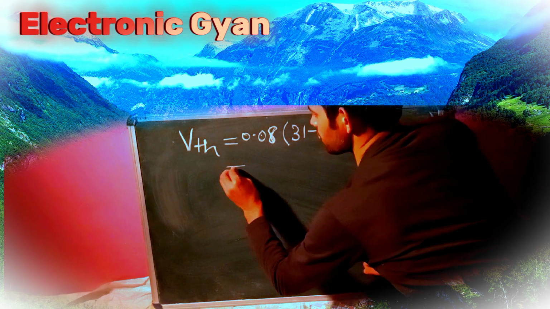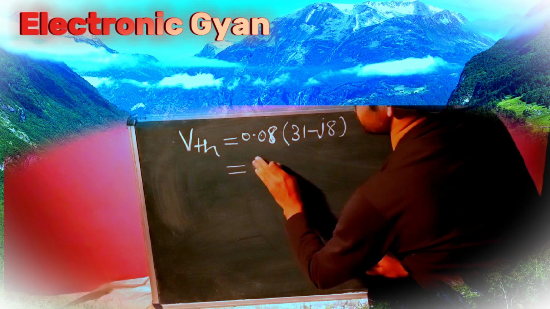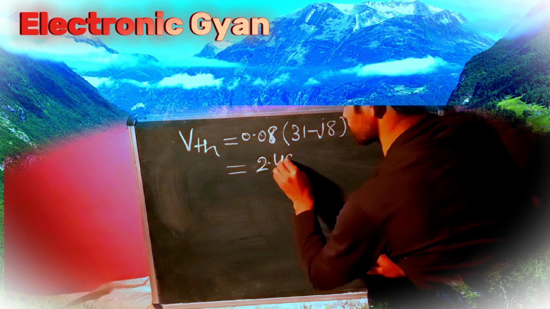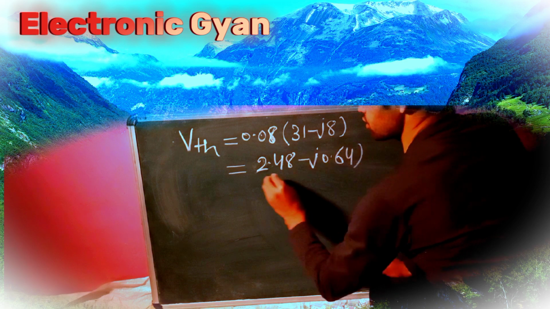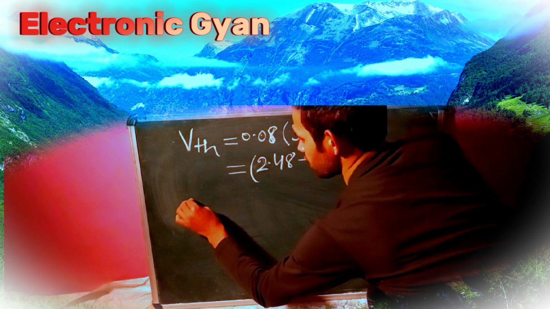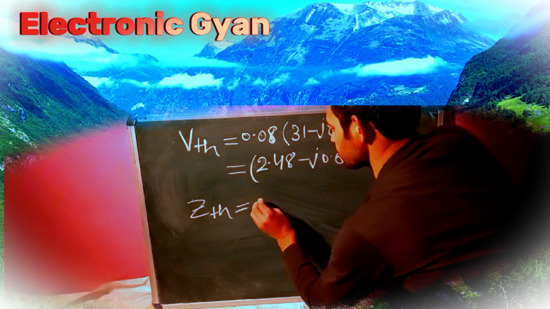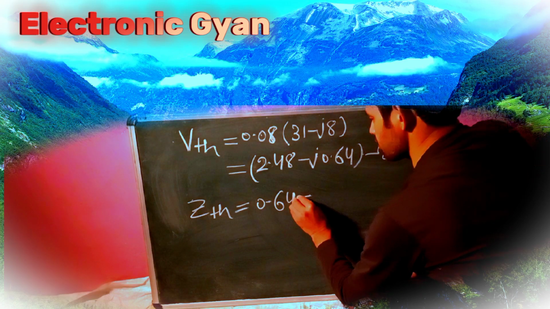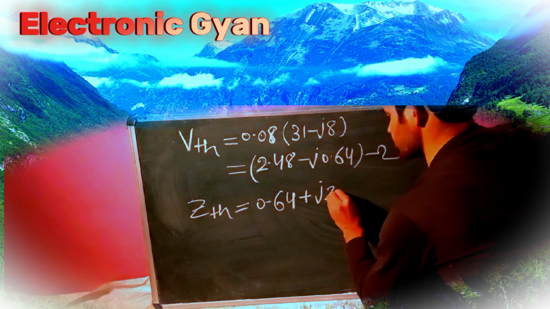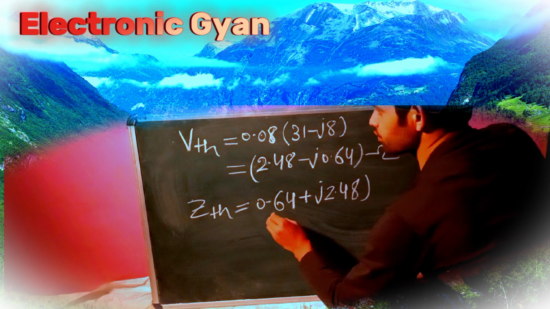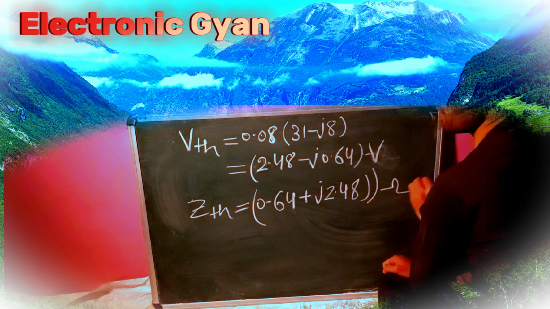Okay, so this I can write as 2.48 minus j 0.64, and ZTH that we have obtained as 0.64 plus j 2.48. Okay, so sorry, this is my Thevenin voltage and this is my Thevenin impedance.